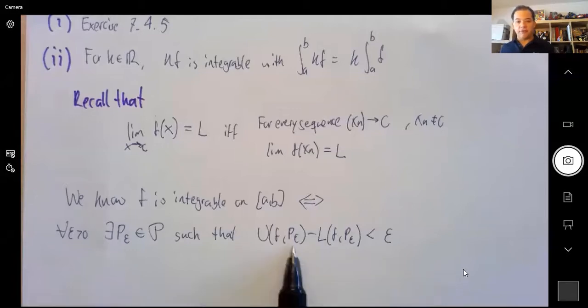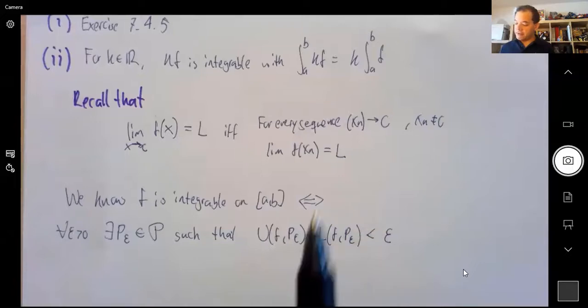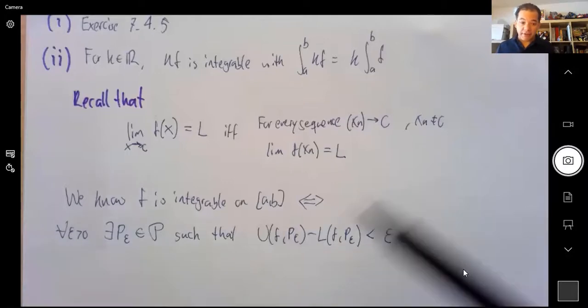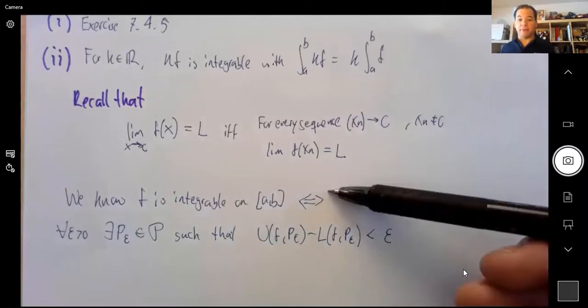So you can prove that if the function is integrable, then this happens. And the reverse: if you have a sequence where the difference approaches 0, that means by definition that for every epsilon you can make this as small as you want, which would mean, by the regular integrability criterion, that f is integrable, all right?